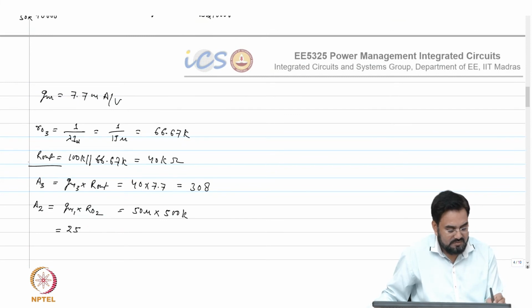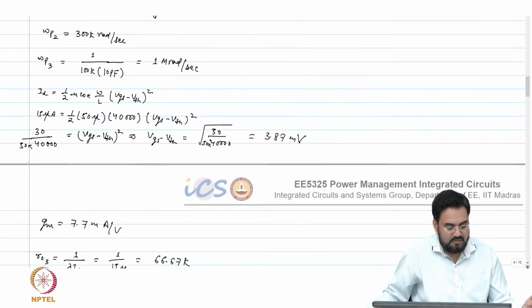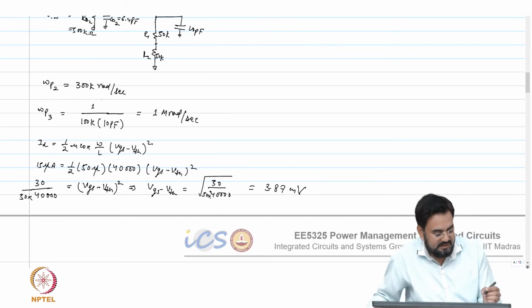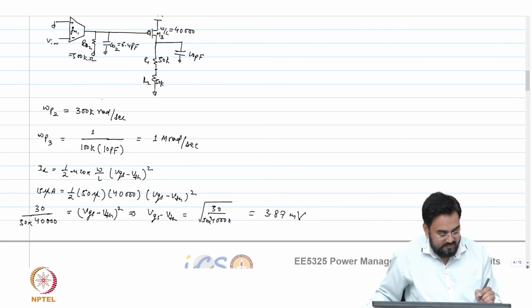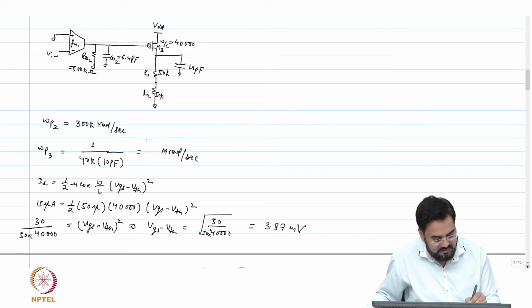So in calculation of omega P3 also we should take 40K only. Yeah, we have to take 40K, correct? But there we took 100K in omega P3. Oh, you are saying this one, huh? Yeah, correct. So this should be 40K. So it will be 2.5, huh? 2.5 mega radian, correct?